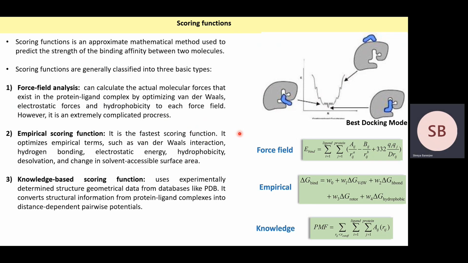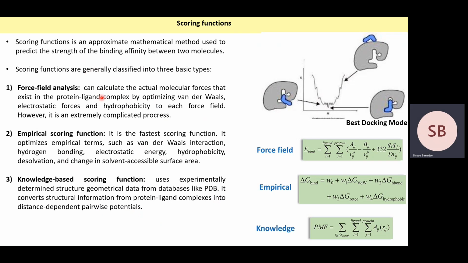This is the fastest scoring function, and it optimizes empirical terms like van der Waals interaction, hydrogen bonding, electrostatic energy, hydrophobicity, desolvation, and change in solvent accessible surface area. The third kind of scoring function is a knowledge-based scoring function, which uses experimentally determined structure geometrical data from databases like the Protein Data Bank. It converts structural information from protein ligand complexes into distance dependent pair potentials.